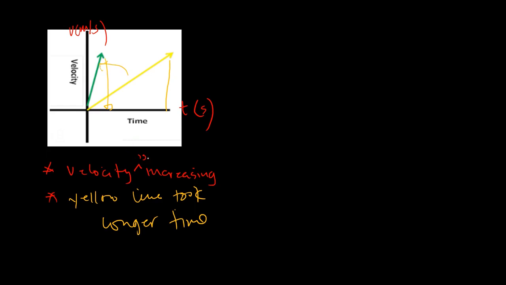That is why, although the commonality is that velocity is increasing, in terms of time interval the yellow line took longer time before reaching the maximum speed.